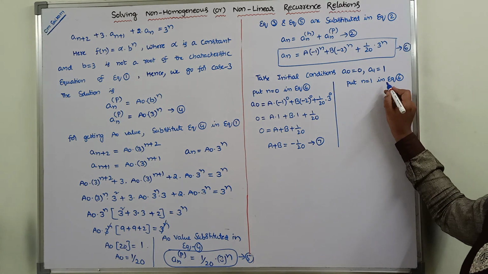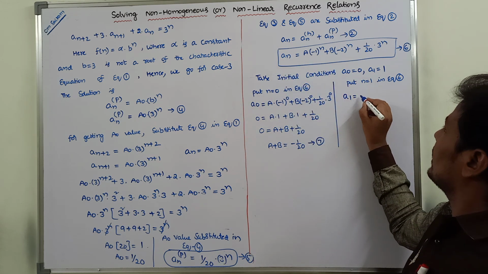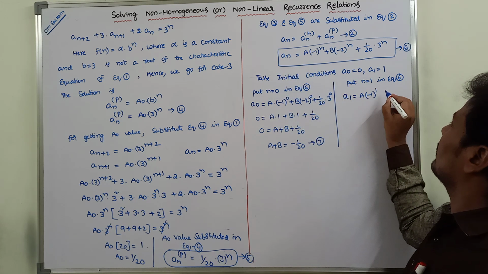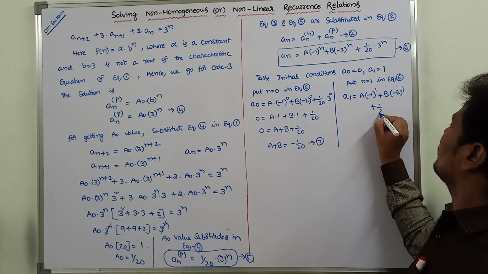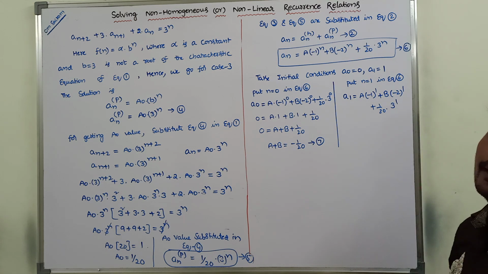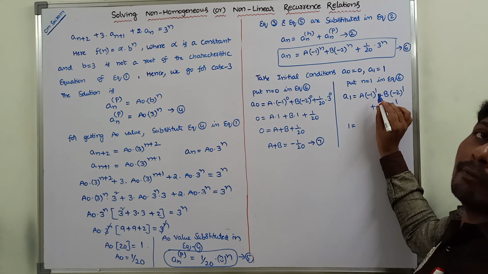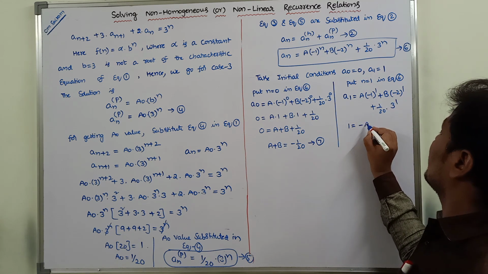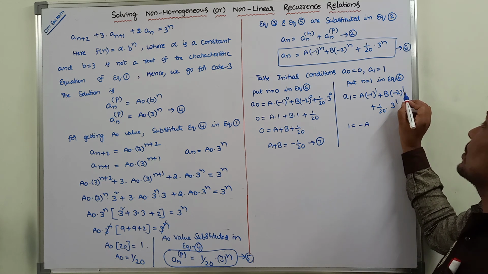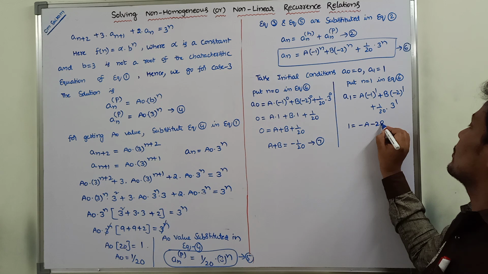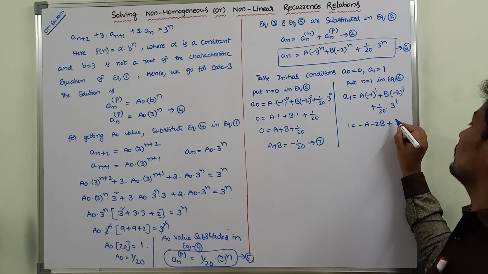Now put n is equal to 1 in equation 6. So A1 is equal to a into minus 1 power 1 plus b into minus 2 power 1 plus 1 by 20 into 3 power 1. What is the A1 value? That is 1. So 1 is equal to minus a, minus 2b, plus 3 by 20.